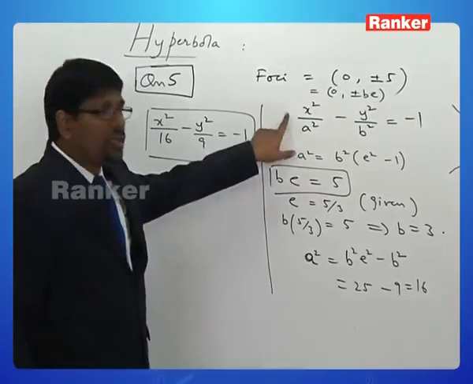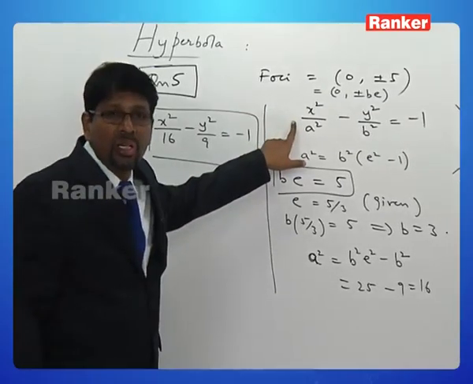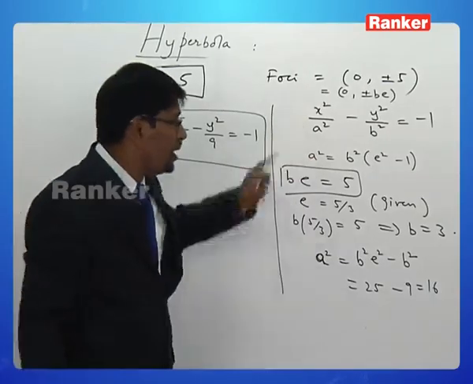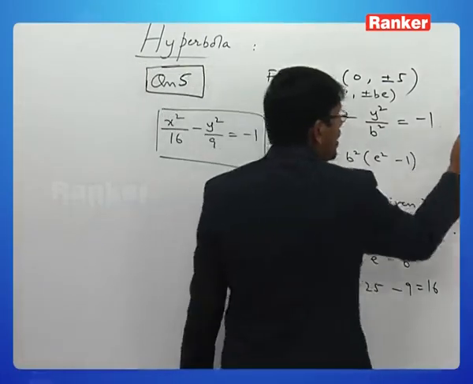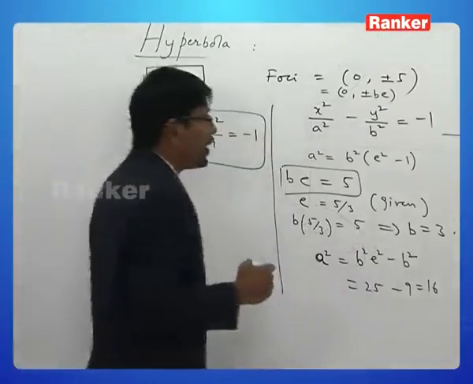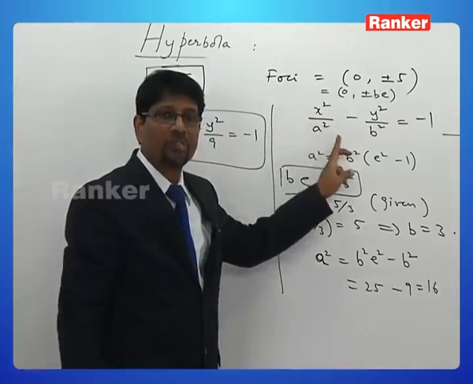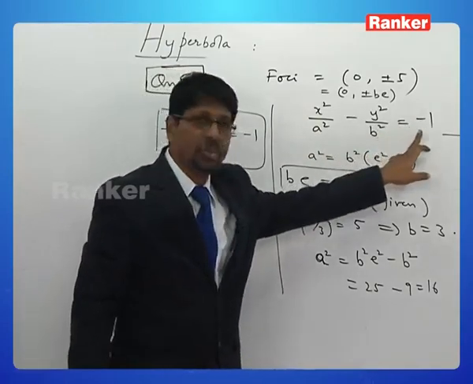So this is actually the conjugate hyperbola for the standard hyperbola x square by a square minus y square by b square is equal to 1. It has the axis along the y-axis. Then we have the hyperbola equation this way: x square by a square minus y square by b square is equal to minus 1.